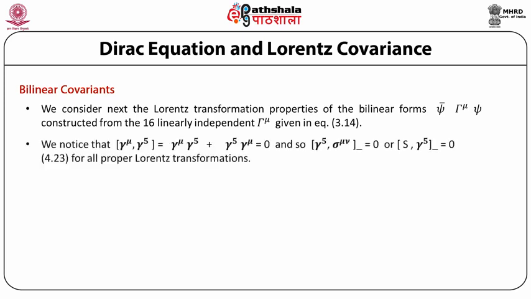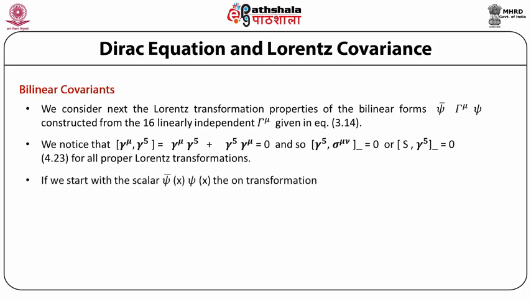We notice that the commutator of gamma mu and gamma phi is gamma mu gamma phi minus gamma phi gamma mu, and so the anticommutator of gamma phi and sigma mu nu is equal to 0, or the anticommutator of S and gamma phi is equal to 0 for all proper Lorentz transformations.